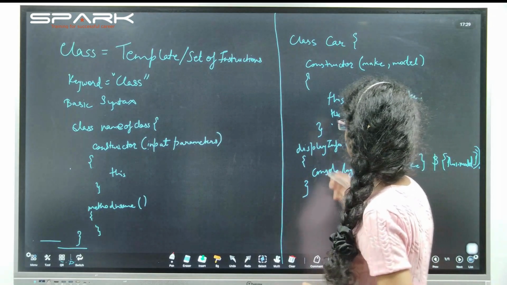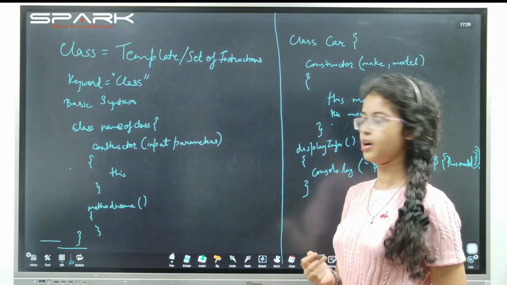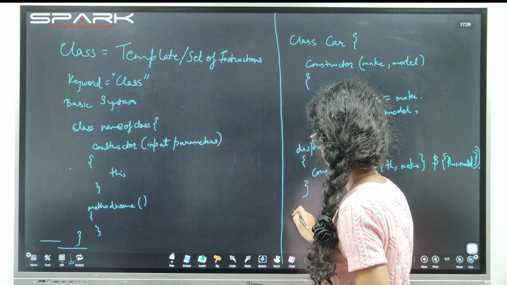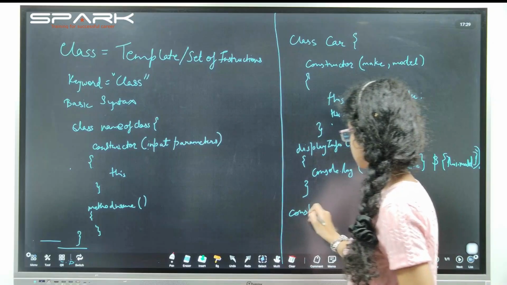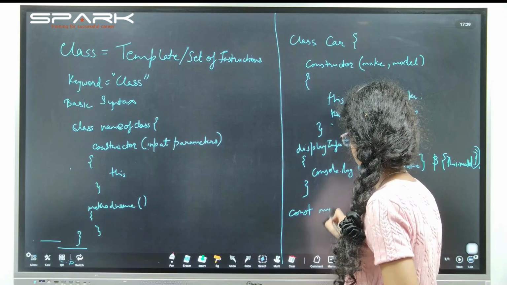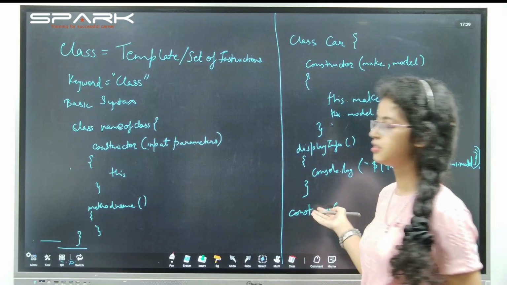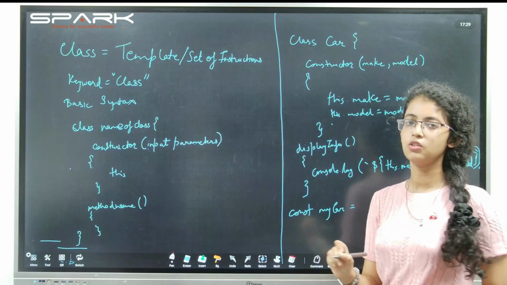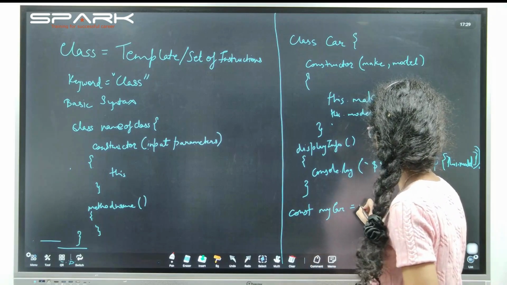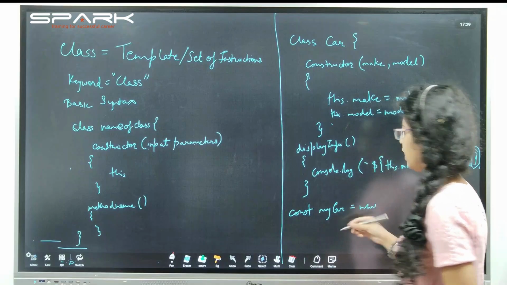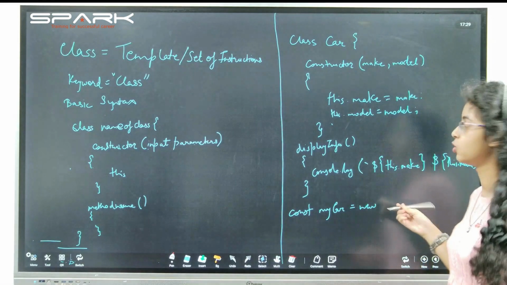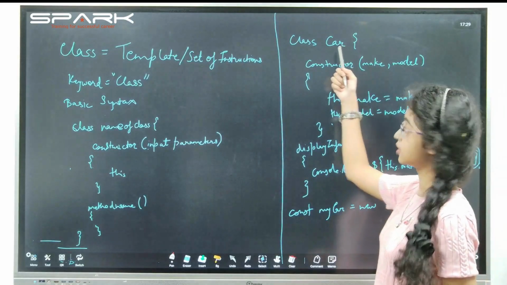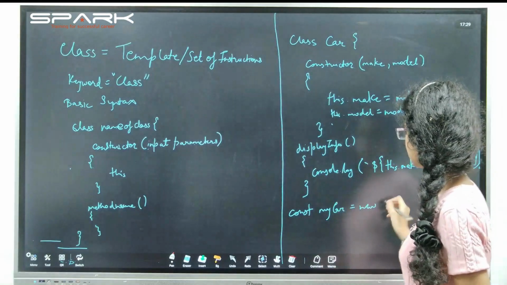Now to call it, we are going to create an object using const myCar. myCar is the name of my object, and whenever we create an object we use the keyword new, and after the new keyword we call the name of the class, so new Car.